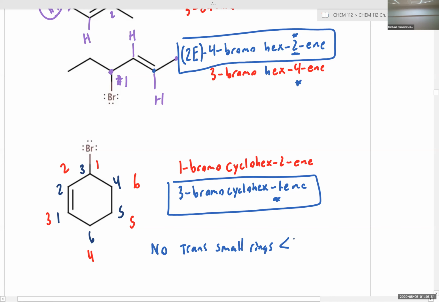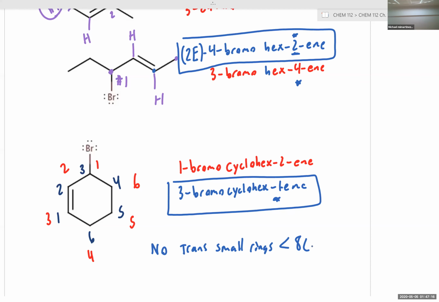So anything less than 7 carbons about, you're not going to see a trans ring. Let's just do 8 carbons just to be consistent. So the small rings can't be trans. You could prove this to yourself by making a model kit, but it's geometrically impossible to have a trans alkene.